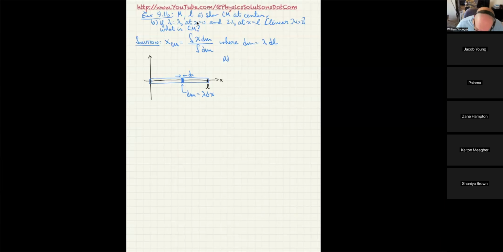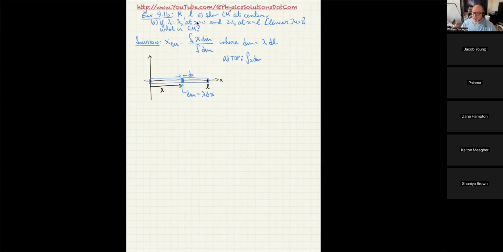Okay. So now we can go ahead and do the top. Remember the formula for a center of mass has a top and a bottom. I'm going to do the top first, which is the integral of x dm. The other thing we have to realize is that the distance from the coordinate origin to the actual dm is the distance x.